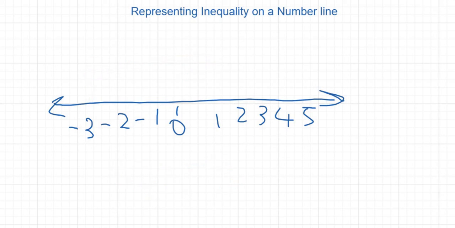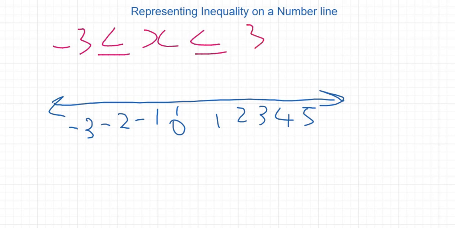Let's look at another one. So say we have -3, x, let's say 3. So this is saying x is greater or equal to -3 and less than or equal to 3. So when we look at this, we're actually seeing that this has a limit or a boundary at 2 ends.